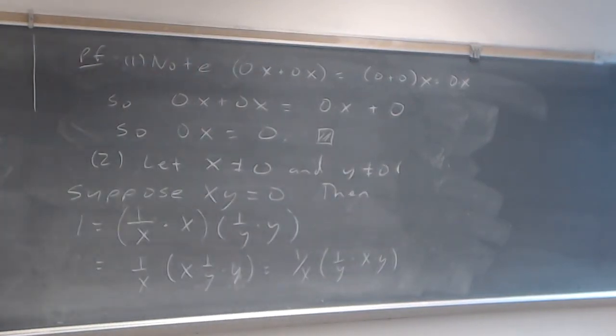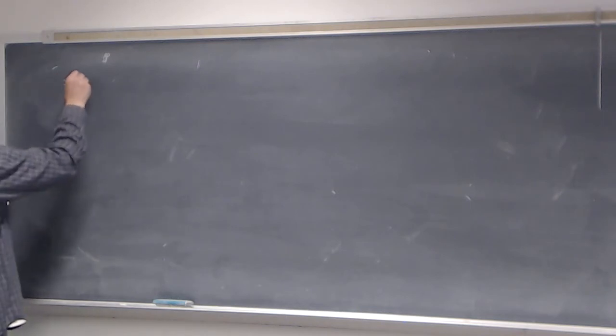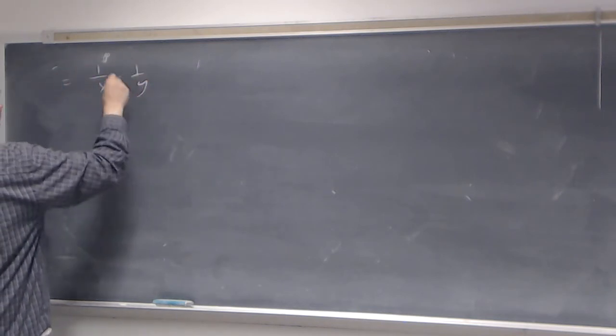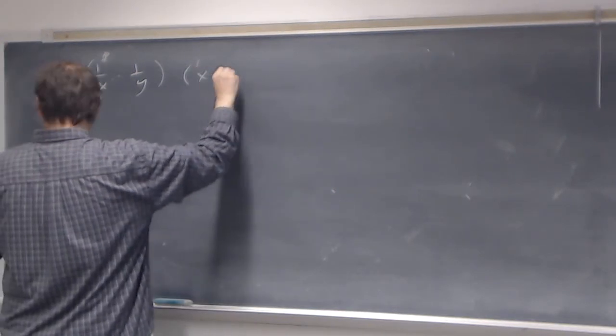Then we'll reassociate, so that's equal to 1 over x times 1 over y times x times y.